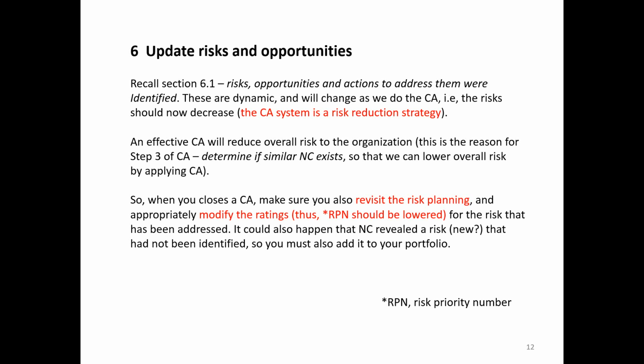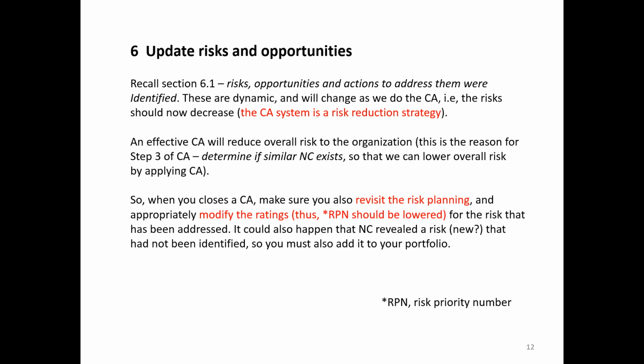Okay, now that you are already taking action from this exercise of the CA system, whatever action being taken surely must have reduced the risk. So we expect the severity rating should drop, and therefore the RPN should be lower as well. Okay.